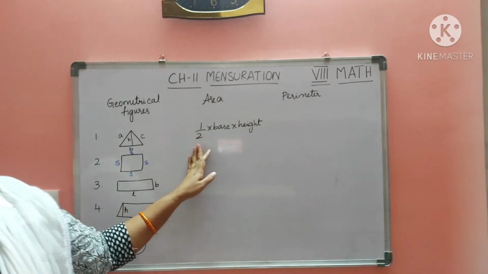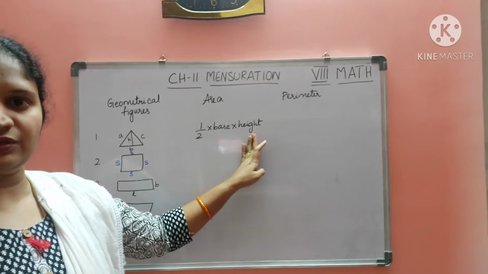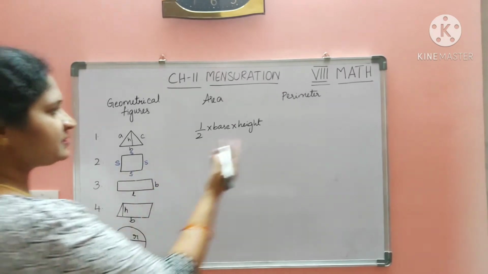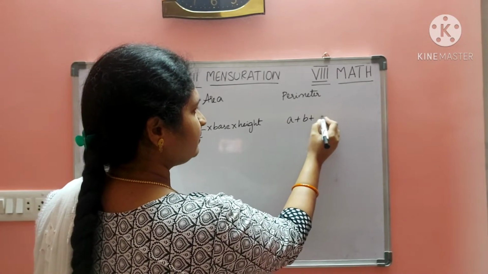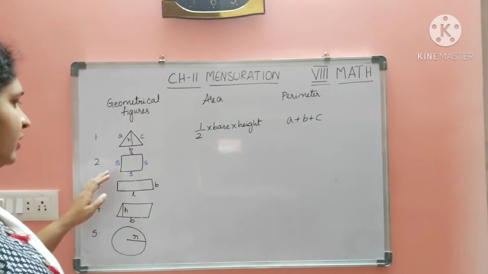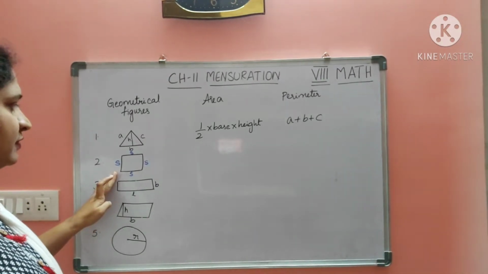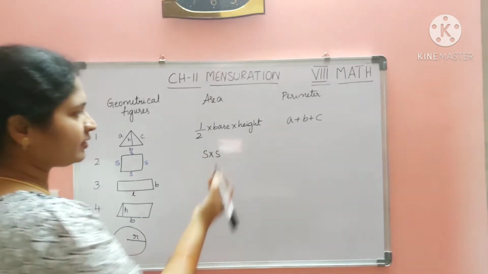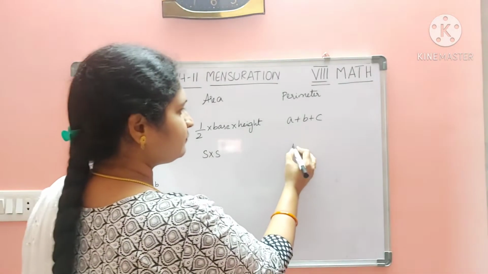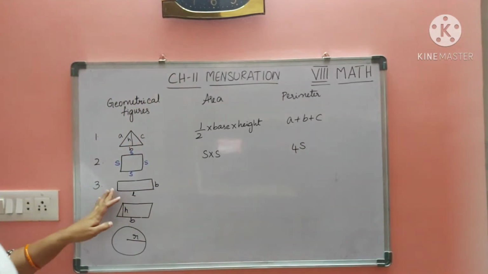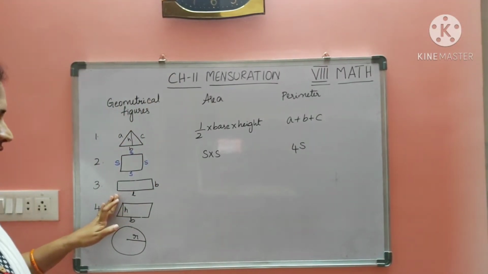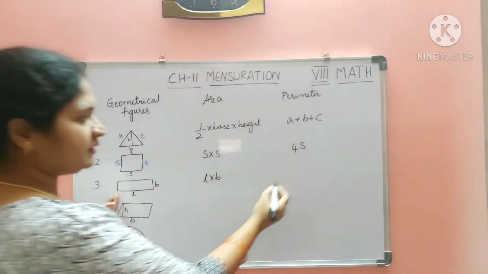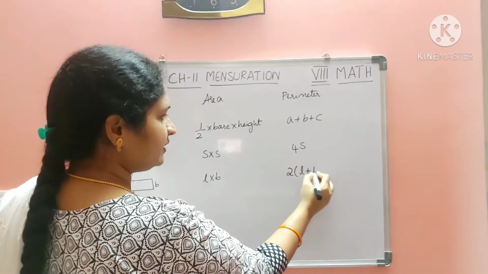The perimeter is the length of the boundary, which is A plus B plus C. Now the area of a square is S into S, and the perimeter of a square is 4S. Next, the area of a rectangle is L into B, length into breadth, and the perimeter is 2 into (L plus B).